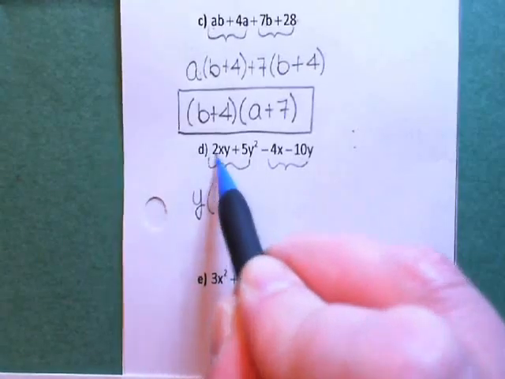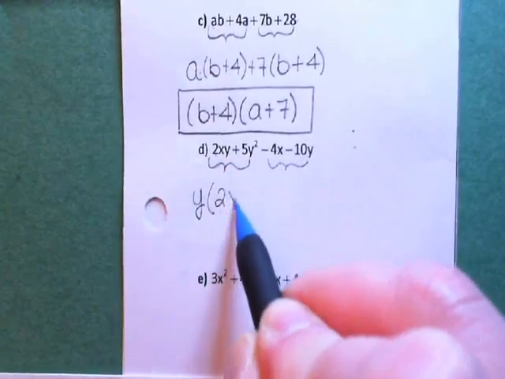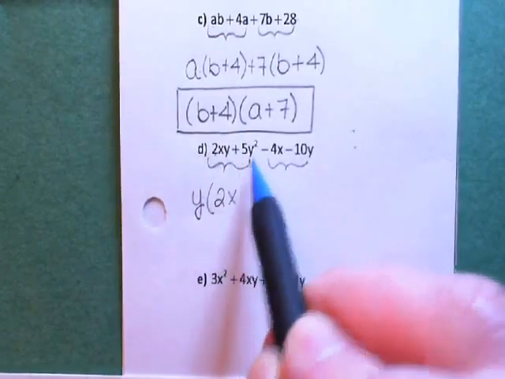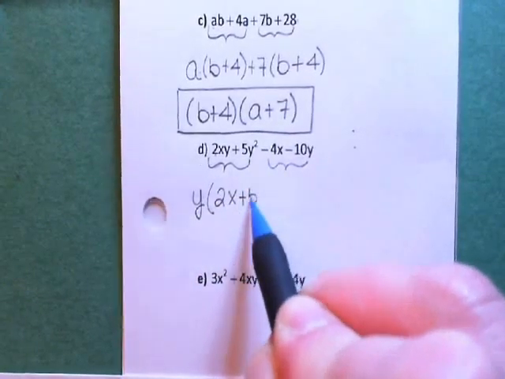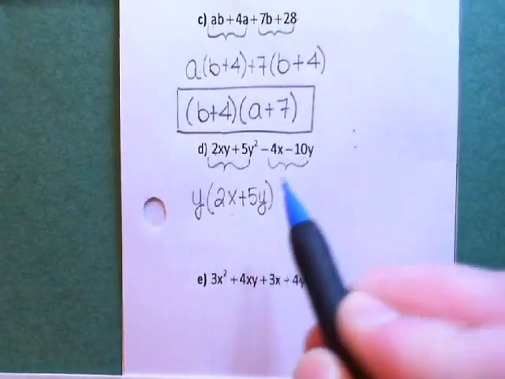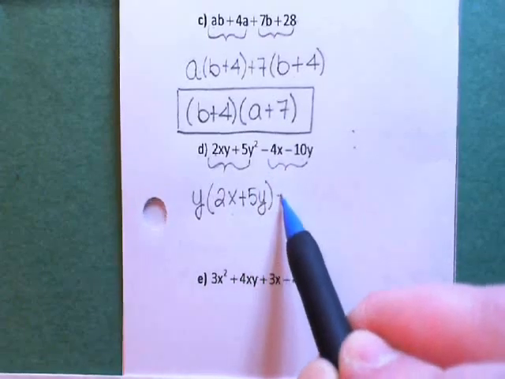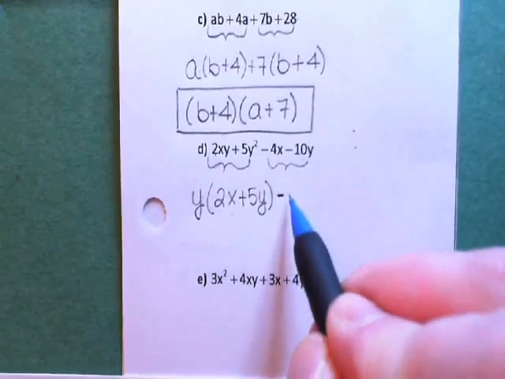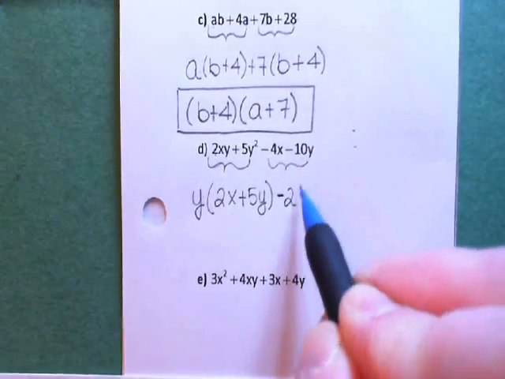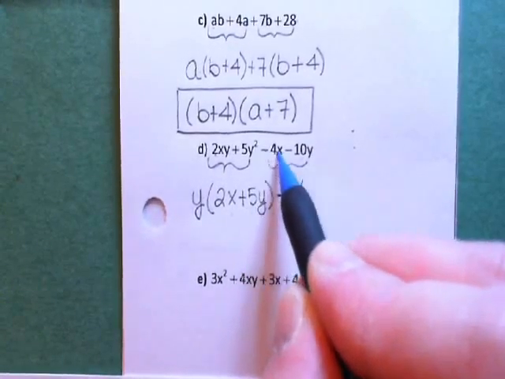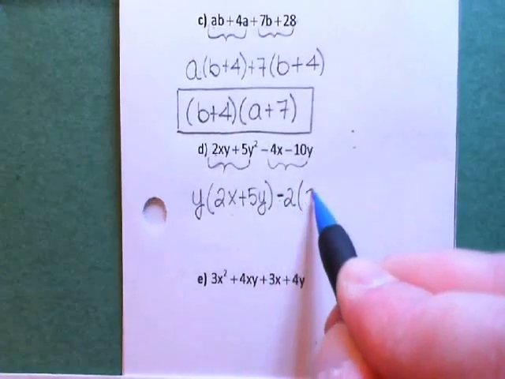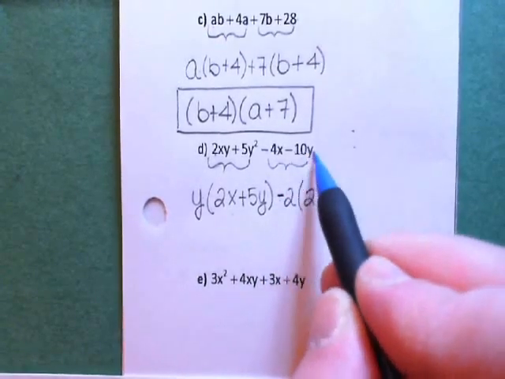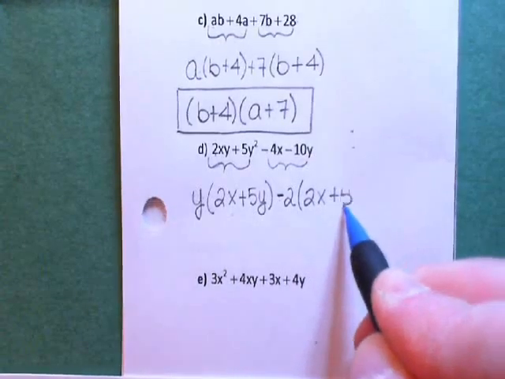If I do that, 2xy divided by y is 2x. 5y squared divided by y is 5y. I will bring down that sign, negative. And what goes into 4x and 10y? A 2. If I factor out a negative 2, negative 4x divided by negative 2 is 2x. Negative 10y divided by negative 2 is positive 5y.